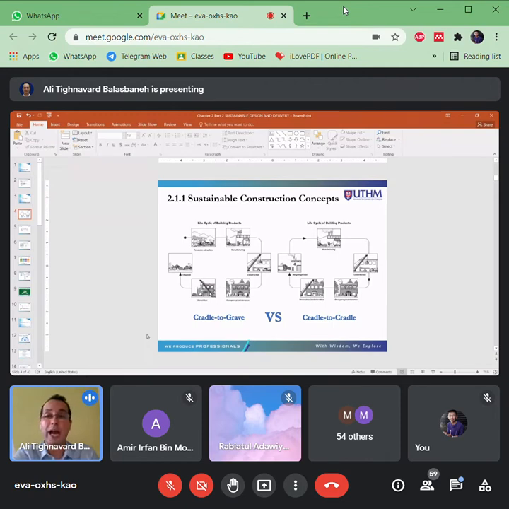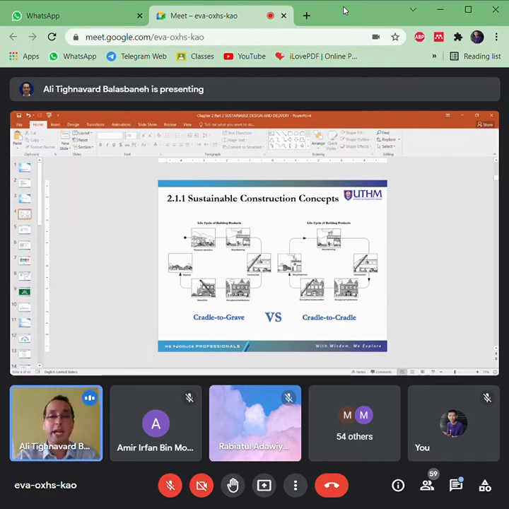Or we have another boundary, which we call cradle to gate. Knowing which one you have to choose is very important because it has an impact on the outcome of your research, on the results.